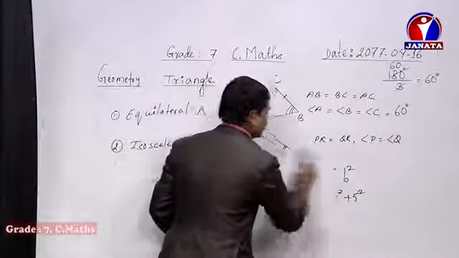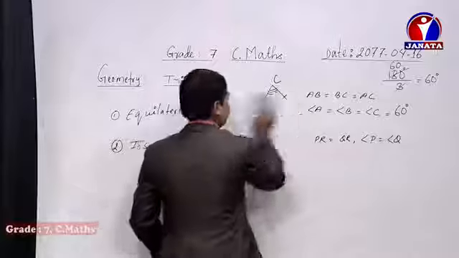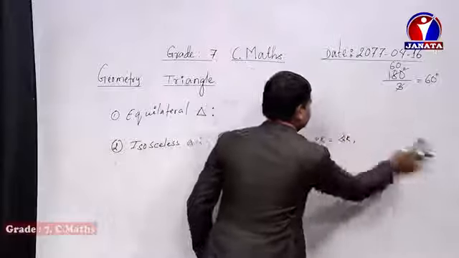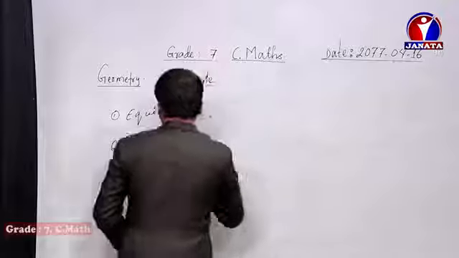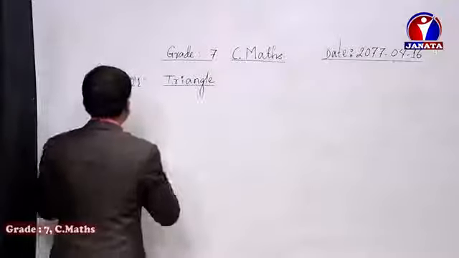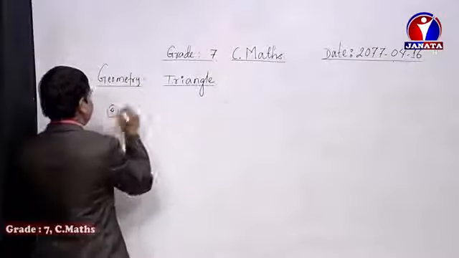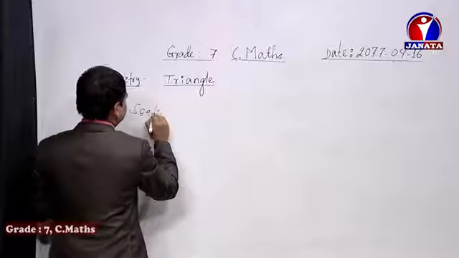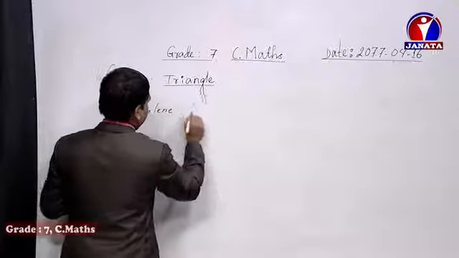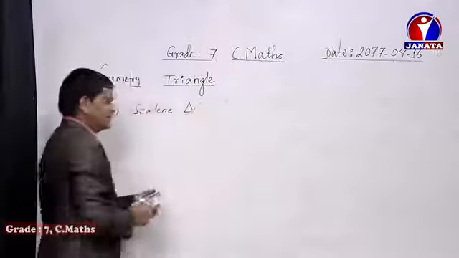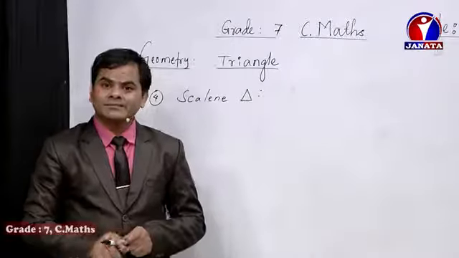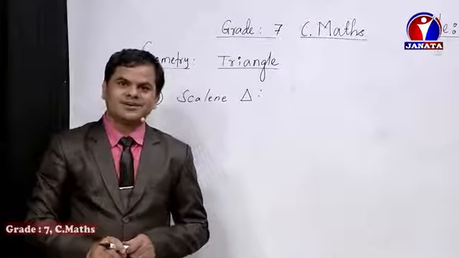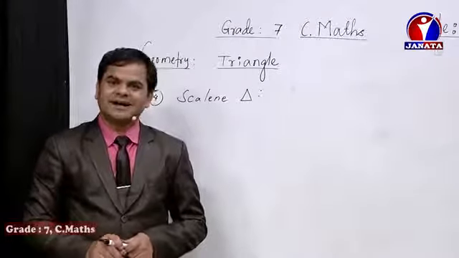Now I am going to focus on the last one. Dear friend, you might have already understood what I mean. Which one? Scalene, isn't it? Scalene triangle. That means the fourth one is scalene triangle. This is the type of triangle, dear student, where the sides of the triangle are different.